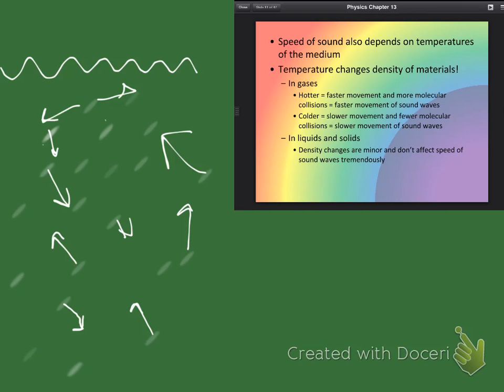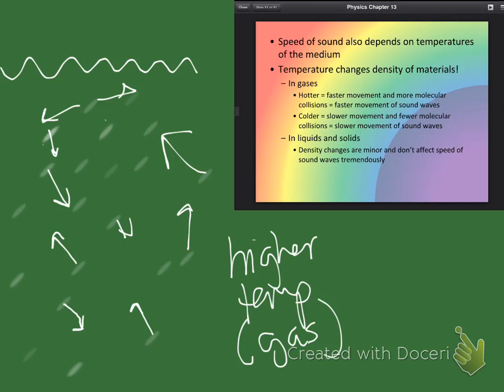They're moving around really, really fast. That's the whole idea. The faster those particles are moving in a gas, the faster the energy is transferred. So, higher temp in a gas means increased wave speed. It does not fit with the whole idea that the closer the particles are together, the faster the waves travel. It is the exception to that.